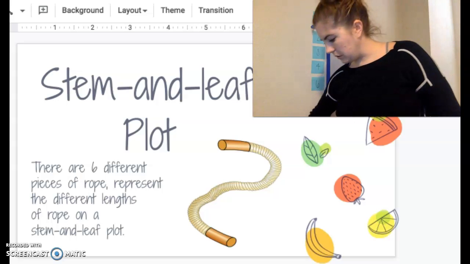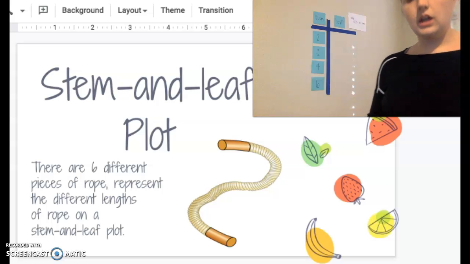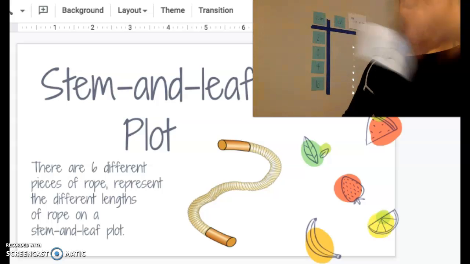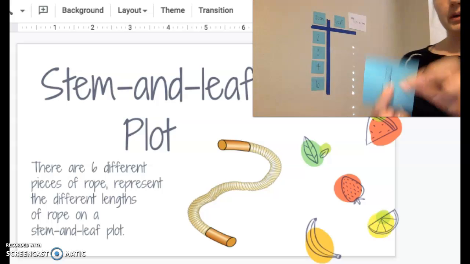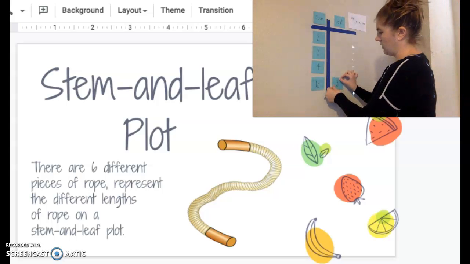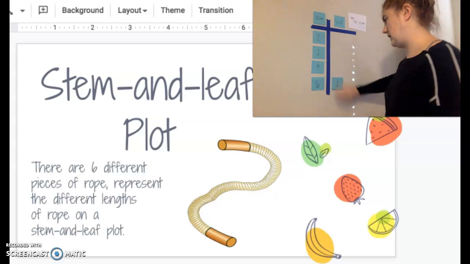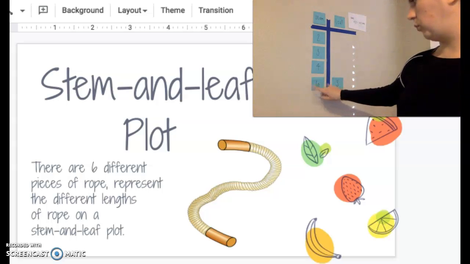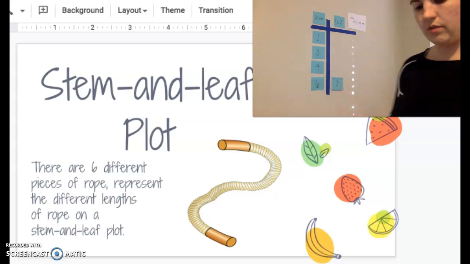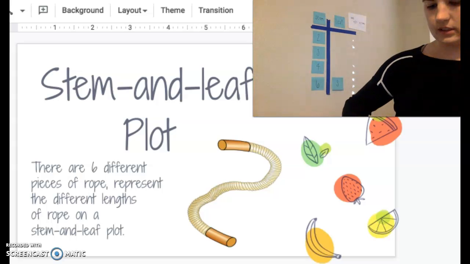So we're going to go through the 6 different rope sizes. The first one is going to be 6.3. So for 6.3, we're going to put the 3 from that number down here by the 6, which helps us see that there is one rope that is 6.3 feet long. The next is 3.6.